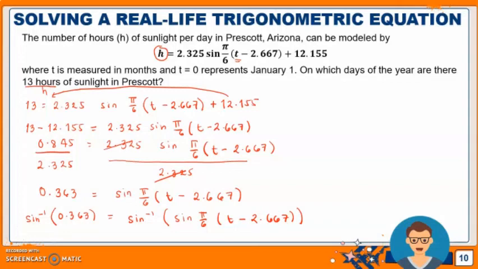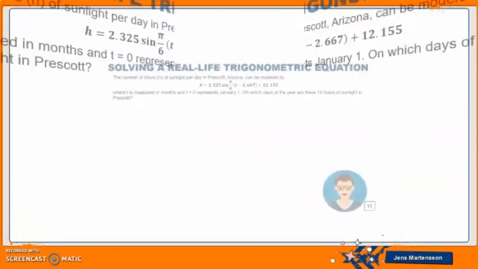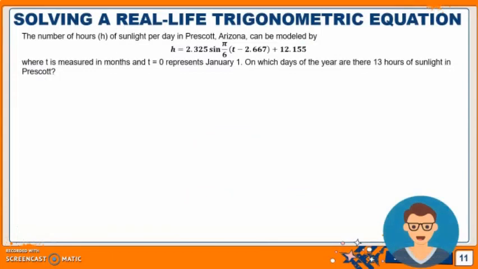Now, another thing to take note of in this portion is that once you get the inverse sine of 0.363 and the inverse sine of sin(π/6 (t − 2.667)), take note that there are two possible values using the concept of ASTC.